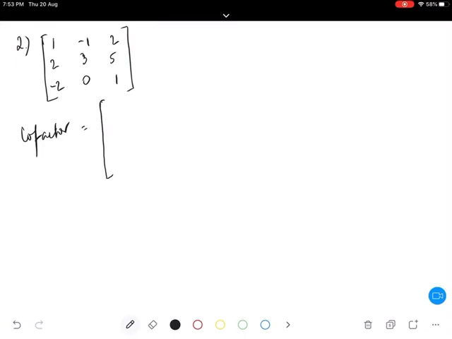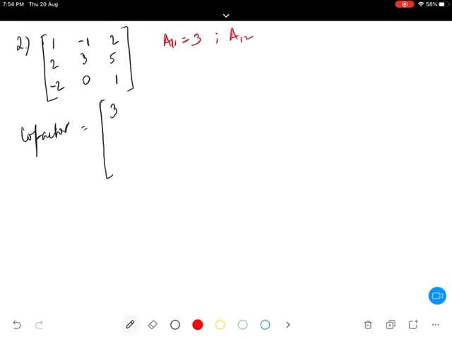What is the cofactor of the first element? It's 3. I will write A11 is equal to 3. Tell me, A12 is what? Let me check.